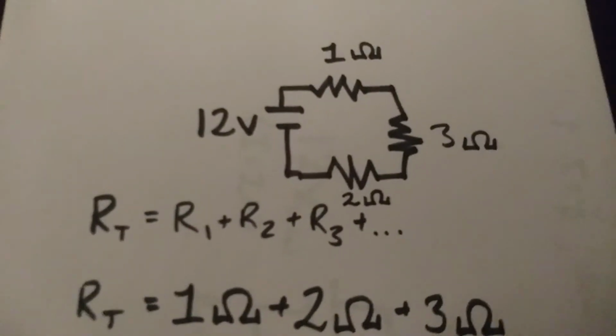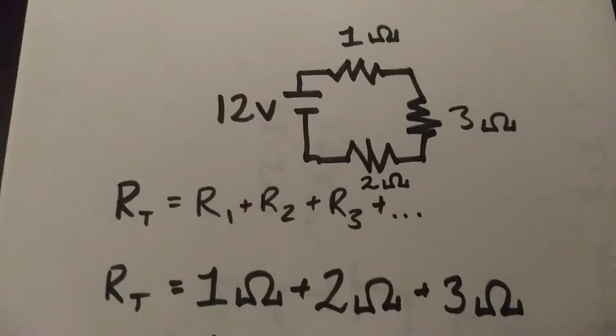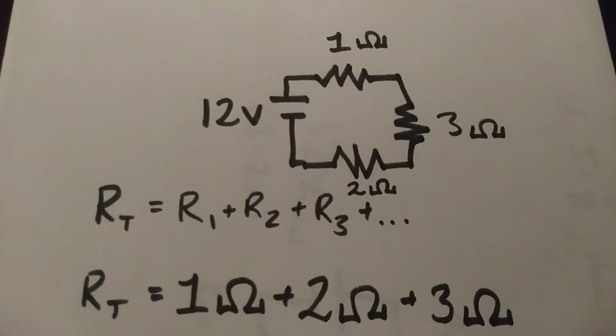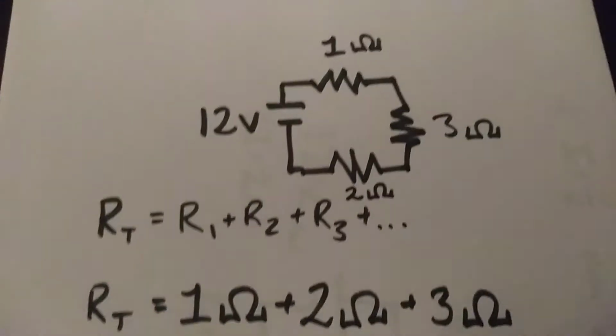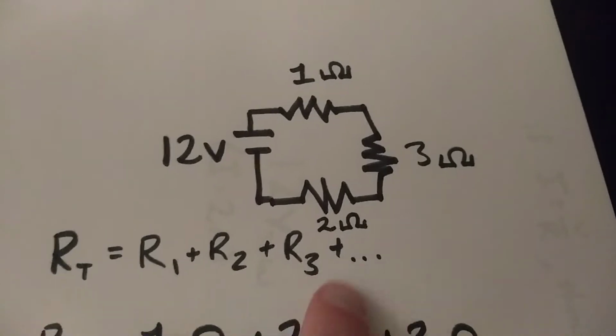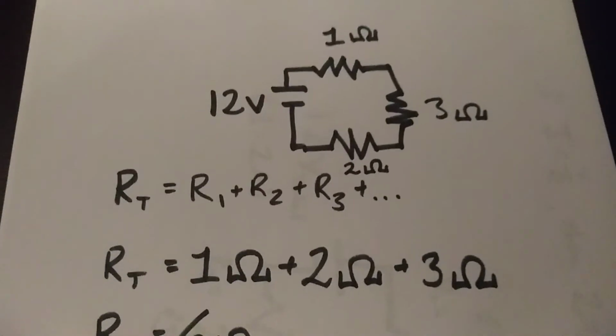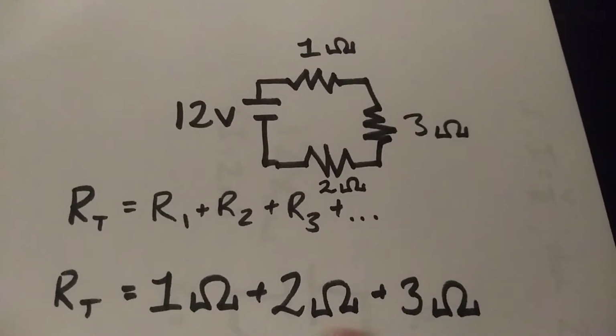Now then, this is just a recreation of the problem you just saw. And what I've given you here is the formula for calculating total resistance for a circuit in series. RT equals R1 plus R2 plus R3 and so on. So all we're going to do is plug those in. RT equals 1 plus 2 plus 3.